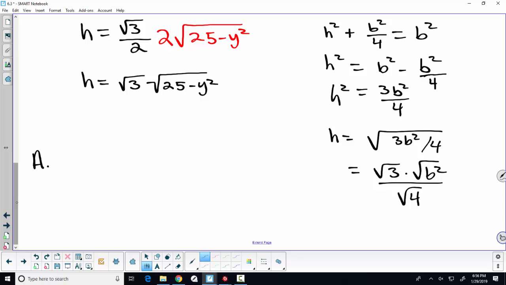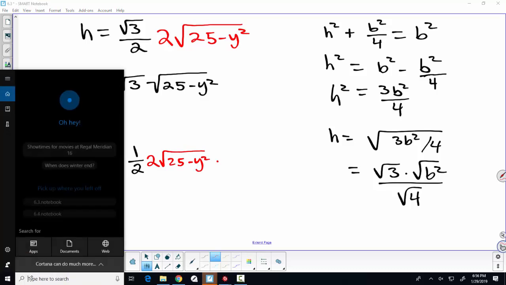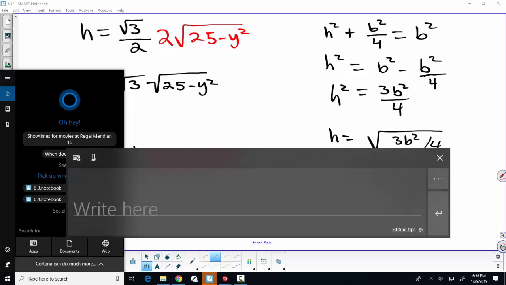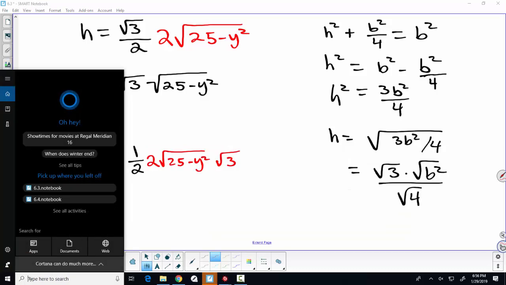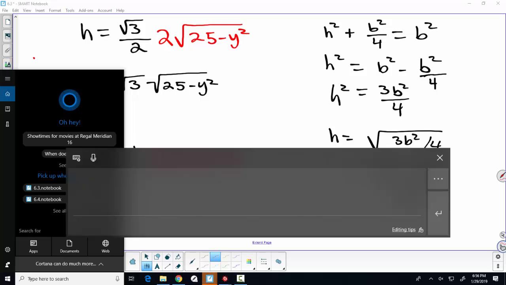So the area of the cross section we had as 1/2 times the base times the height.